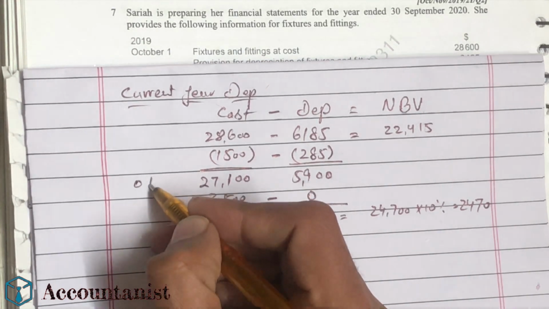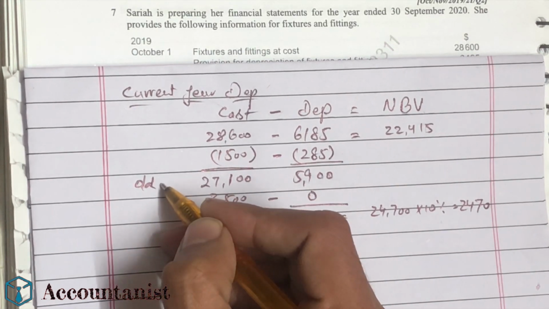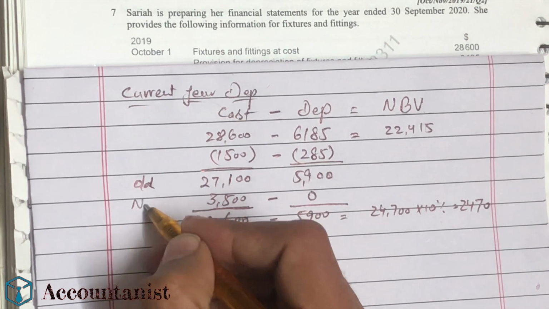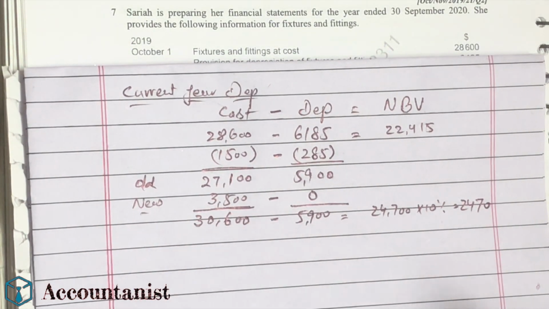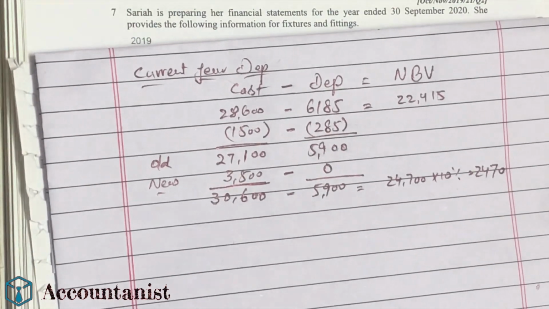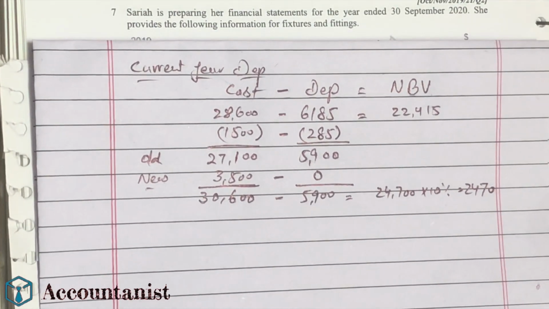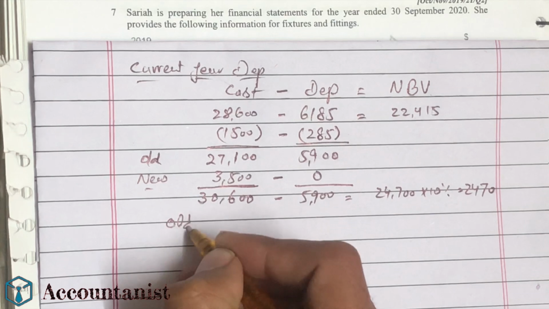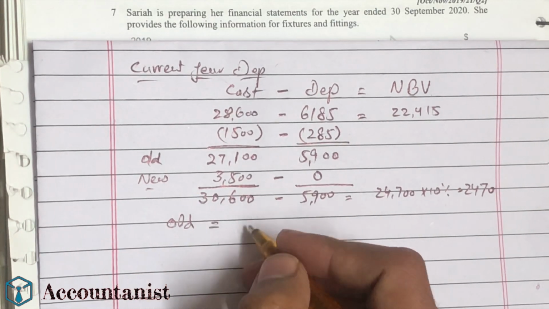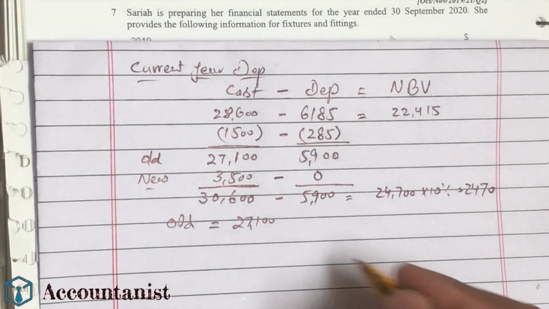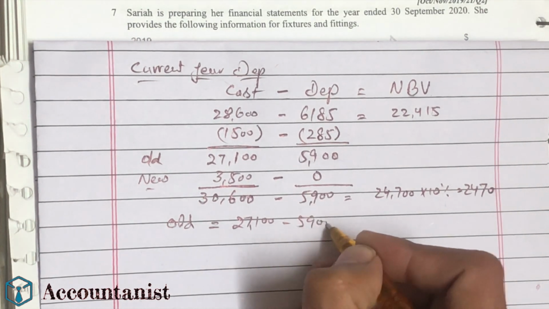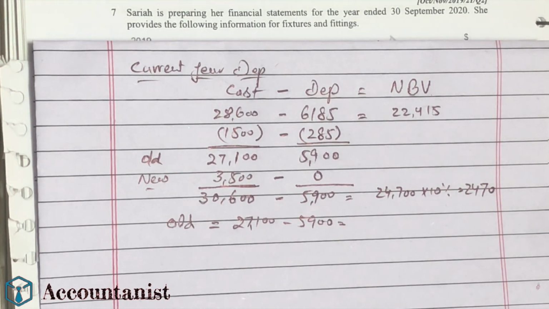because this will be the old remaining assets that we have, and this was the new asset that we have. So we can calculate separately. The old one will give me 27,100 cost and 5,900 depreciation value.